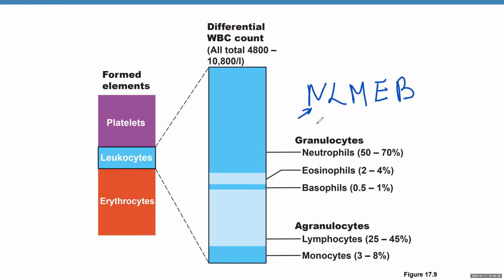For neutrophils, the most numerous, then lymphocytes, monocytes, eosinophils, and basophils. You also can see that neutrophils, eosinophils, and basophils are granulocytes, and lymphocytes and monocytes are agranulocytes.